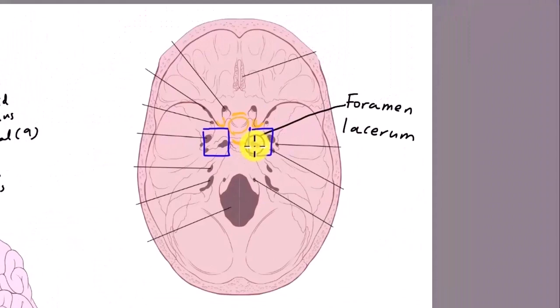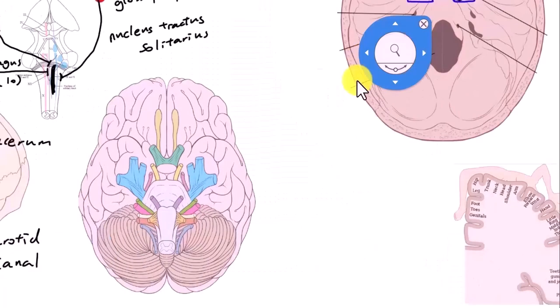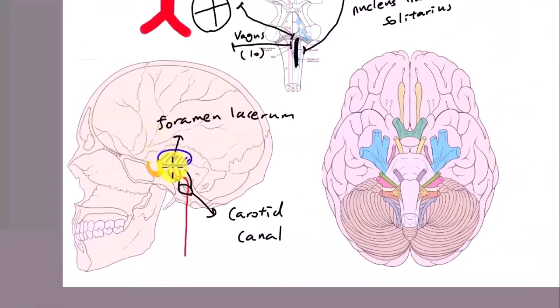So the internal carotid artery rises out of the foramen lacerum. It pierces through the cavernous sinus. As a matter of fact, it is the only dural venous sinus that allows an artery to pierce through. And once the internal carotid artery pierces through the cavernous sinus, it then enters the meninges.